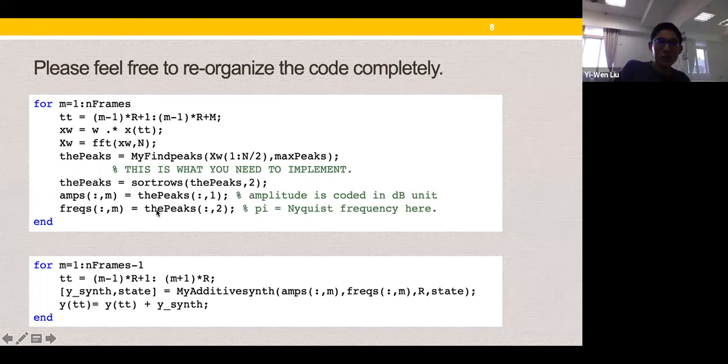So please don't feel obligated to follow the structure. Please feel free to completely reorganize your code. In the starter code I gave you last week, for example, the peaks are first all found, and then they're fed to the synthesizer. You have the freedom to start over from scratch, you have all the freedom, right? That's all I want to emphasize.